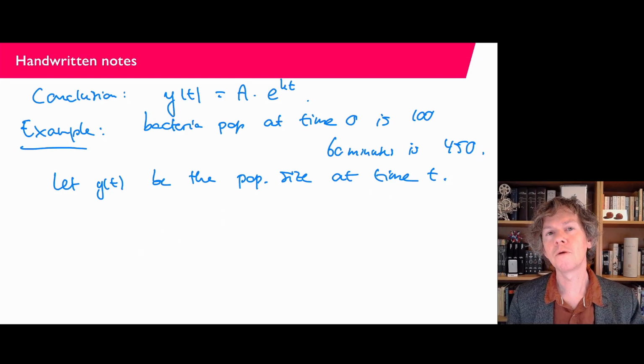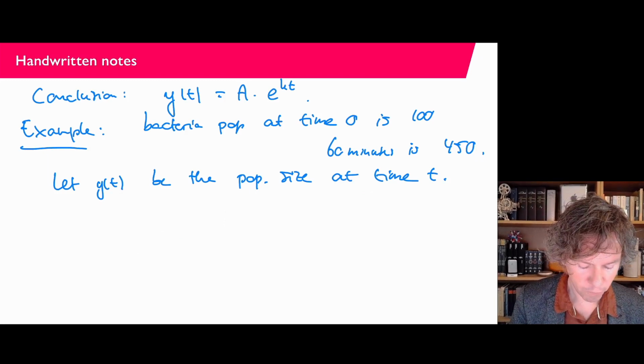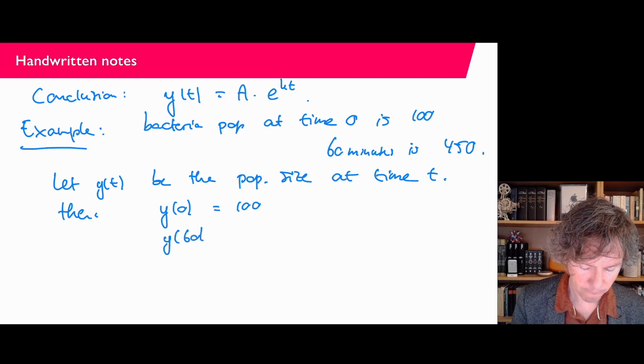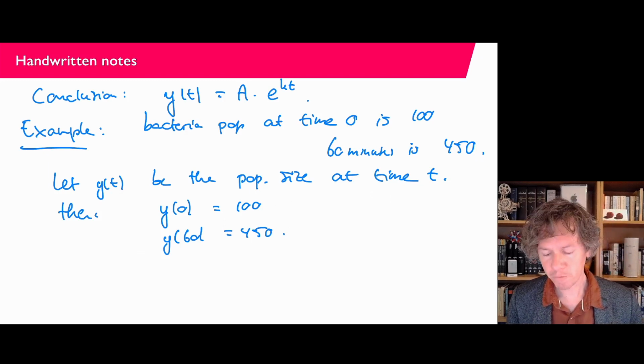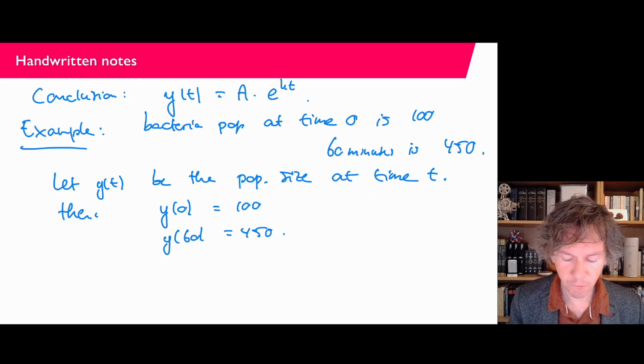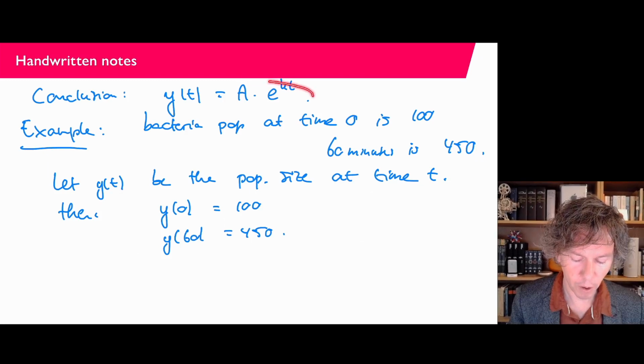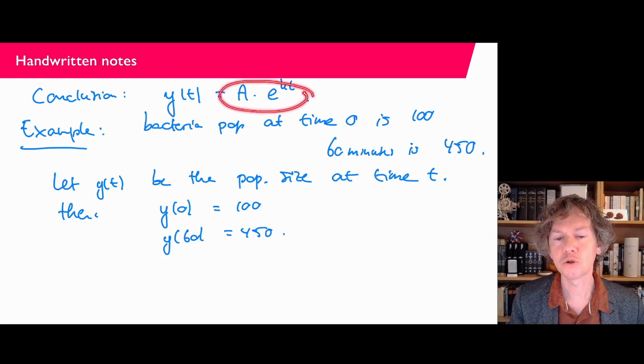So what we immediately know now from the data that has been given is that y(0) equals 100, and if we work in minutes, then y(60) is 450. And apparently that should be sufficient data with the formula that we have derived to determine capital A.